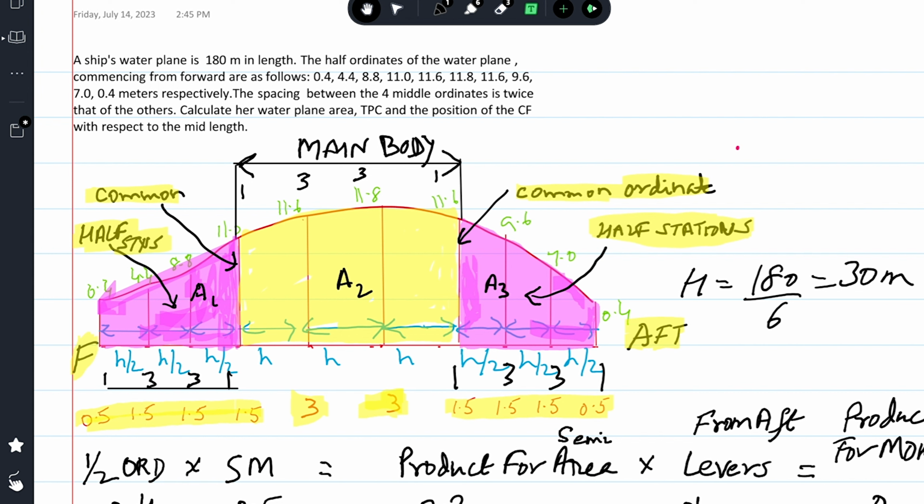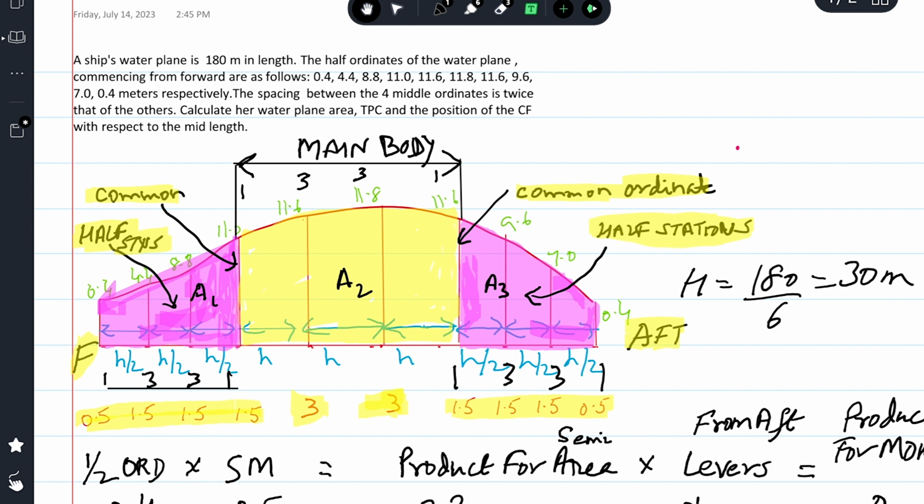Then 4 ordinates in the middle will cover 3 sections. So out of a total of 9 sections, 3 sections are in the middle. Obviously you leave 3 sections from forward and 3 sections from aft, and you're left with 3 sections in the middle.